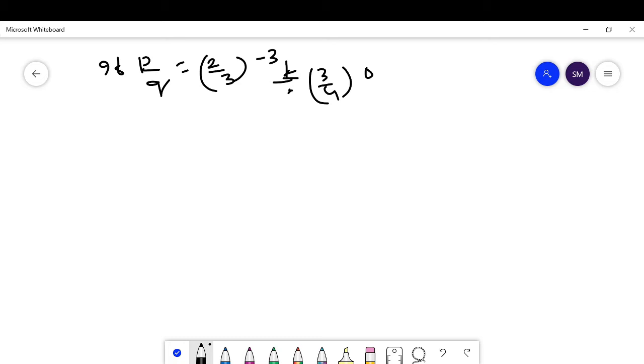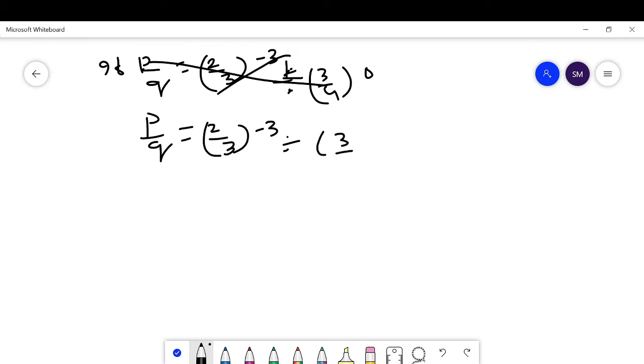Sorry students, there is a divide sign here, otherwise I will write again. P by Q is equal to (2 by 3) to the power minus 3 divided by (3 by 4) to the power 0. Then we have to find the value of (P by Q) to the power minus 2. We have to find the value of this. Here P by Q is given.